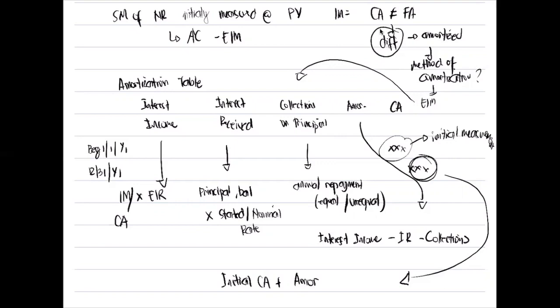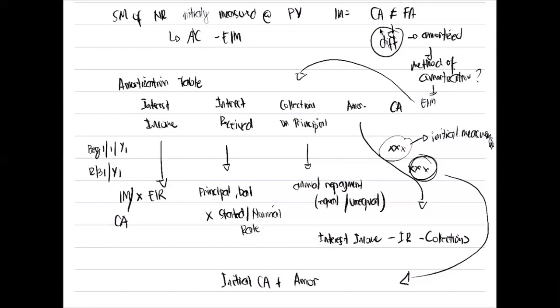Then we have your collections on principal, that is equal to your annual repayment, equal or unequal payments. And then we have your amortization, which is equal to your interest income less interest received less collections. And your carrying amount is equal to your beginning carrying amount plus amortization.